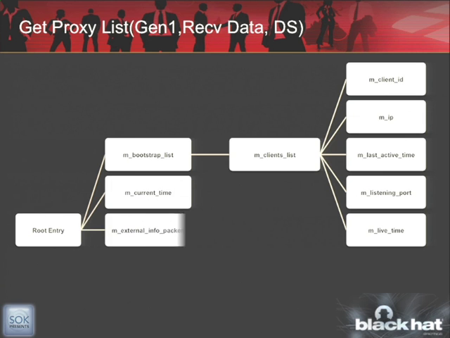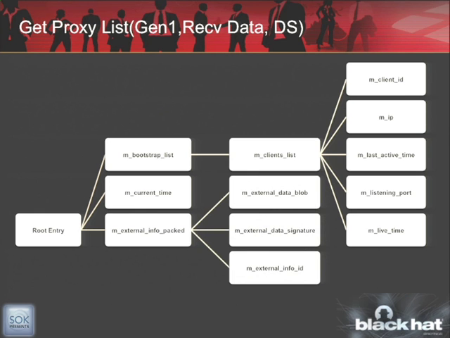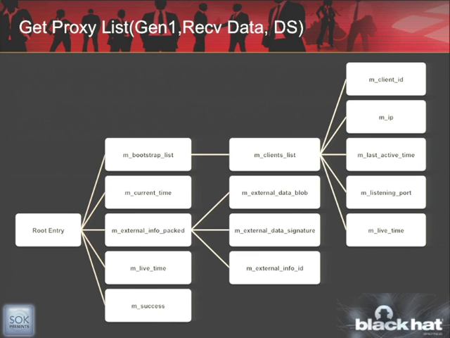And current time, external info pack, live time, and another AMP success. As I said before, the most interesting part is under the external info pack. Actually, the very important job servers' IP addresses and listening ports are under this part.